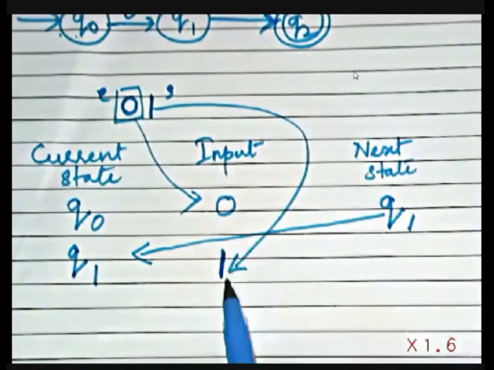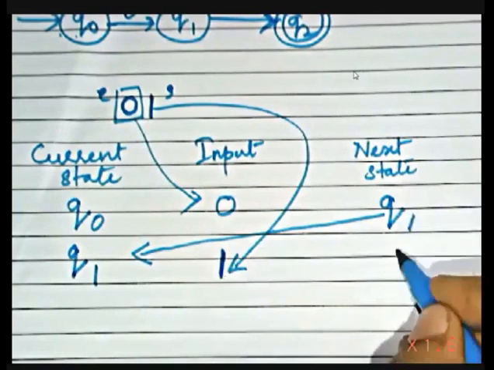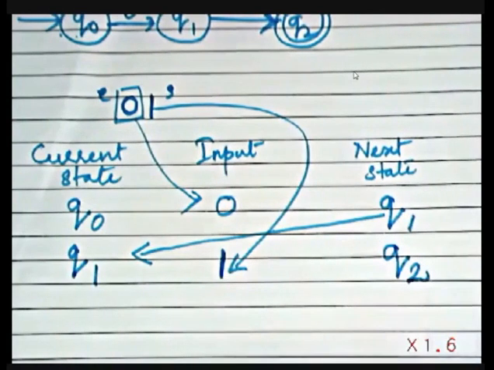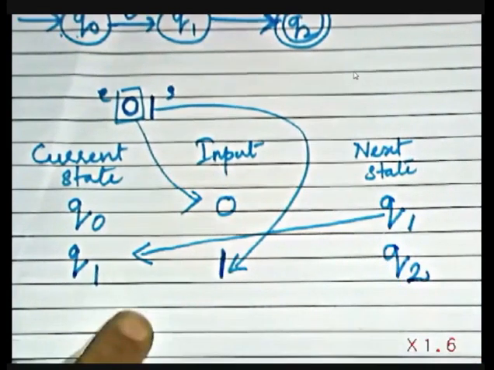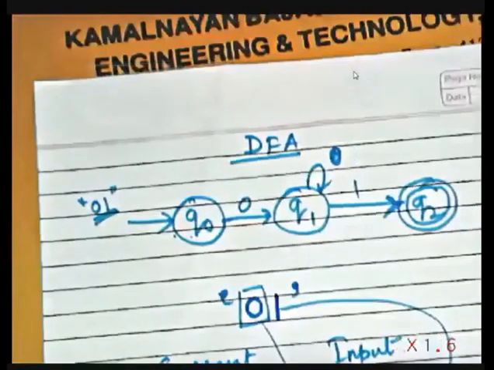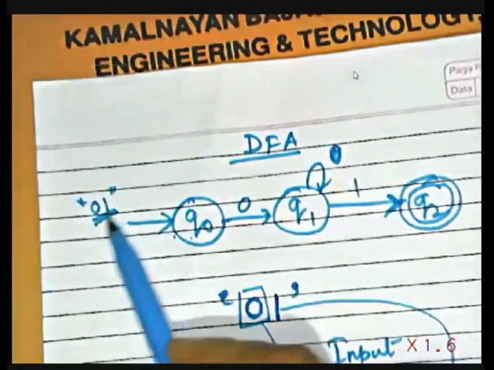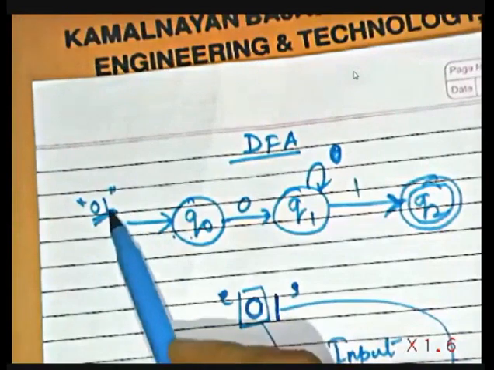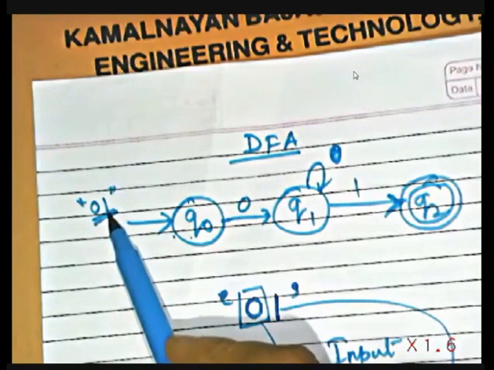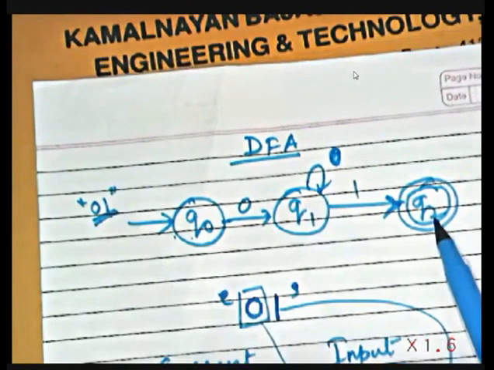Q1 with the input 1 reaches the final state. Now this Q2 is acting as the current state. But what happened here? My string is over. My string had only two symbols, 0 and 1, and with this combination I could reach the final state.